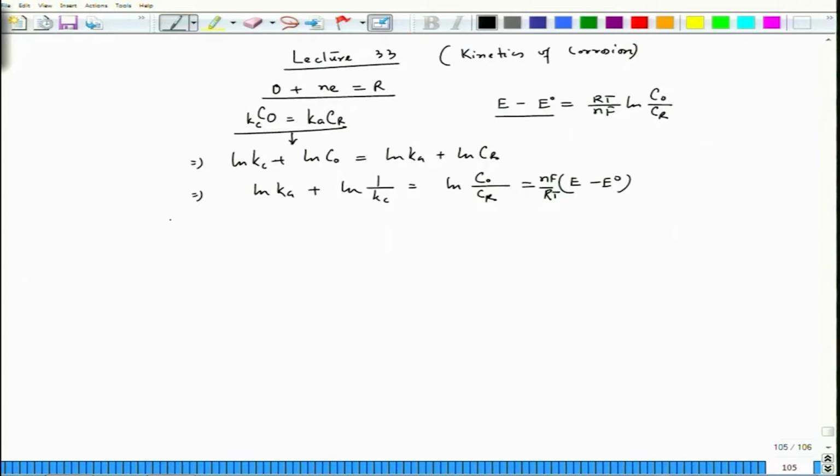Now, if we differentiate both sides with reference to potential E, since K_A as well as K_C are both potential dependent, then we get d.